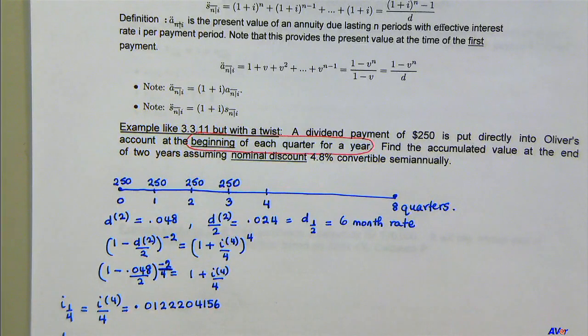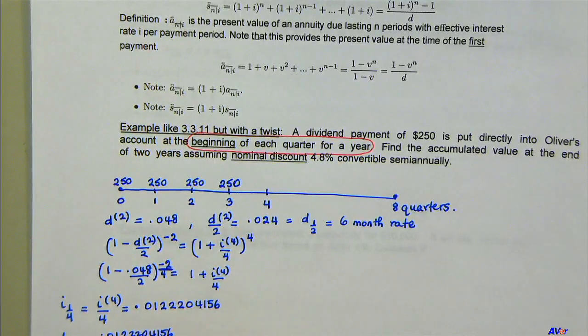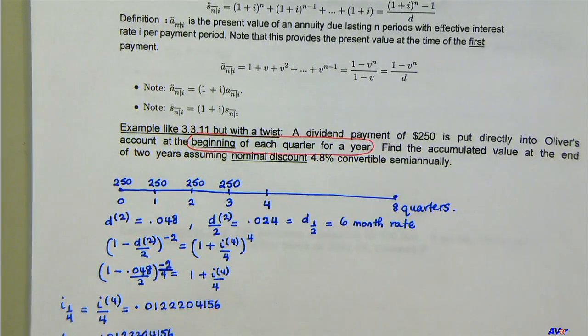D equals what? D equals I over 1 plus I. So 0.01222044156 divided by 1 plus the same thing. Okay, so I have my I and my D now.